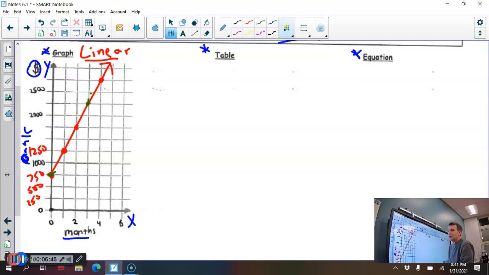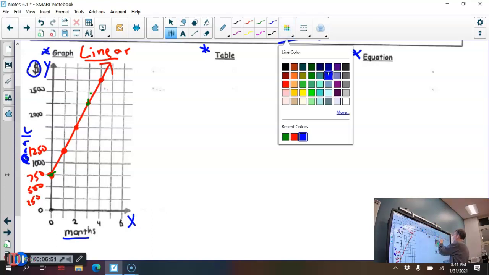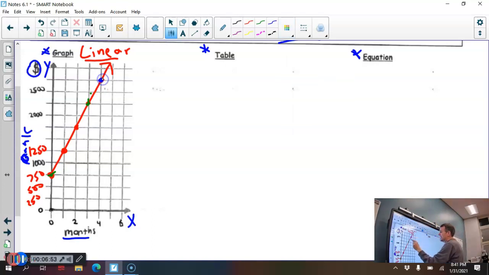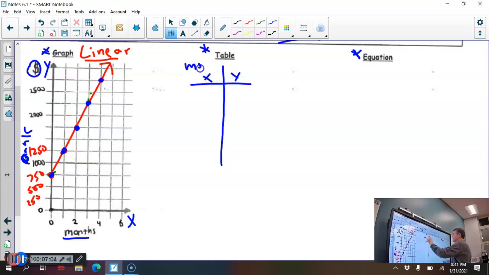So a table is a way to name ordered pairs that are on a graph. And let's do this in blue. I'm going to name each of these ordered pairs that I made in a table. We've kind of done this already. My X in my table stands for months, and my Y stands for dollars in the bank.